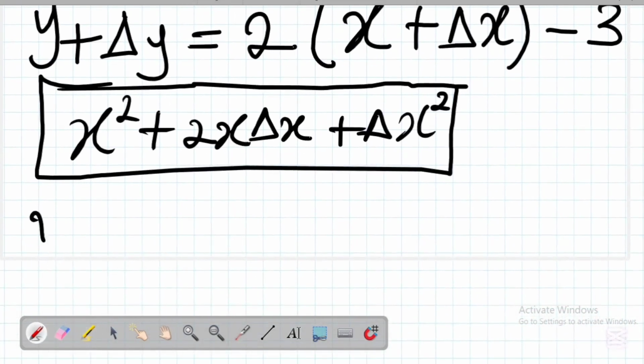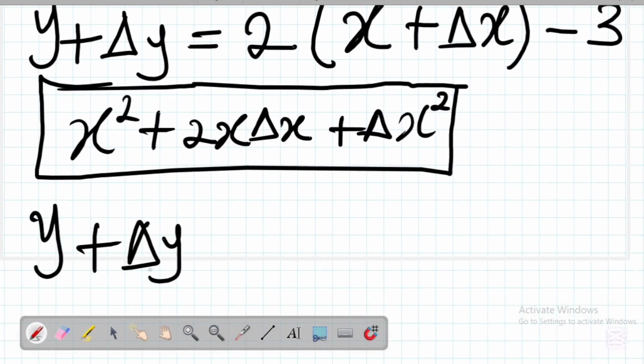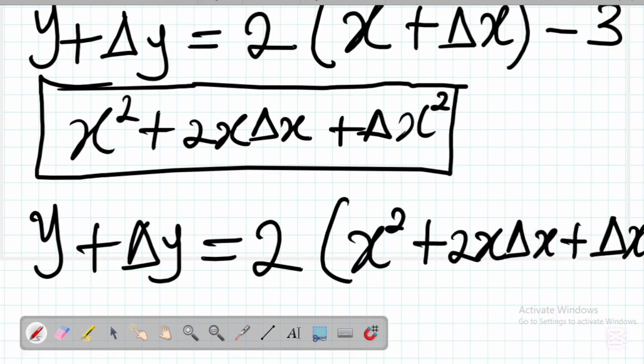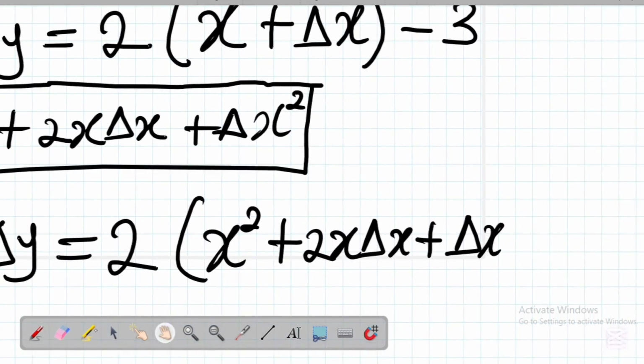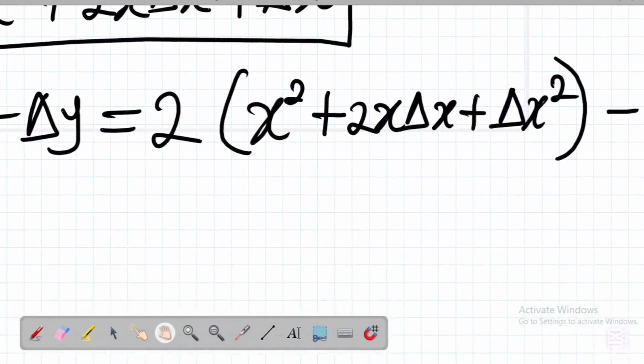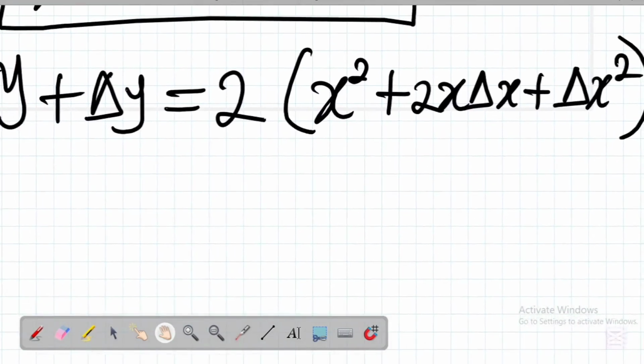So we have y plus changing y equals 2, open bracket, x squared plus 2x changing x plus changing x squared, close bracket, minus 3. Our next task is to open up the bracket.